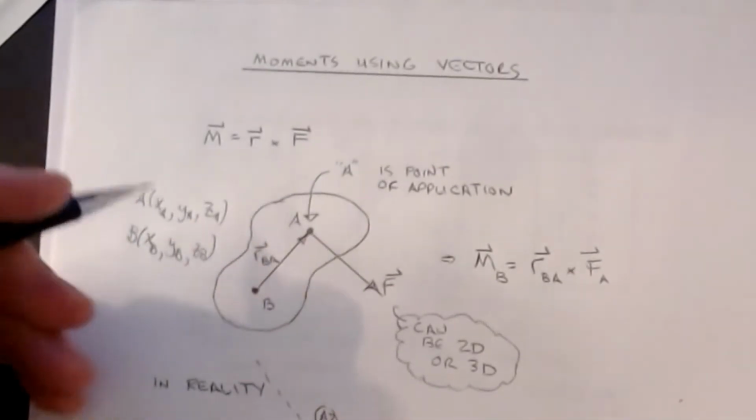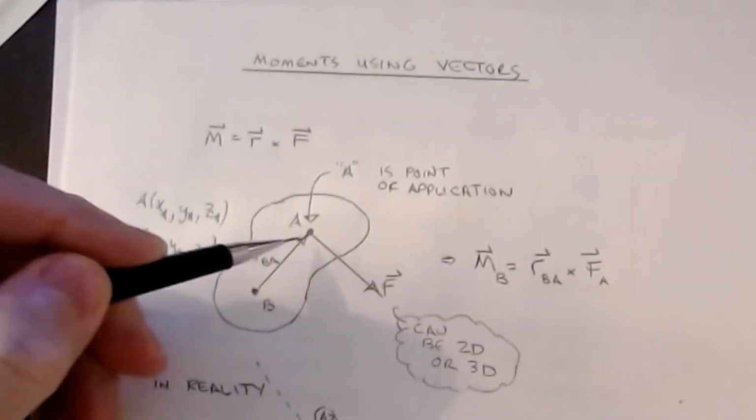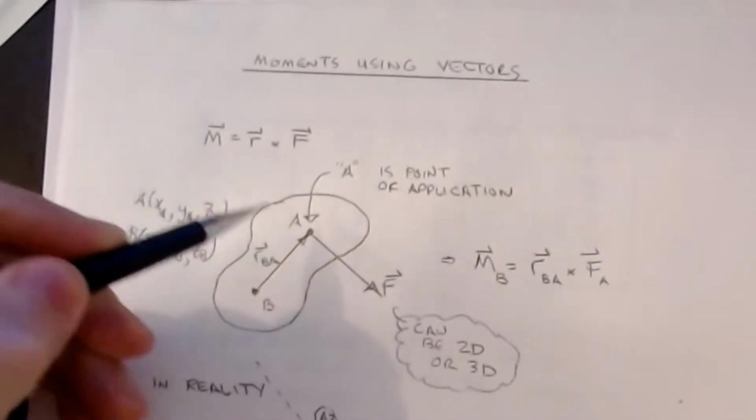To compute then the moment at B, I could take a vector from B to A, and then apply my force vector at A.